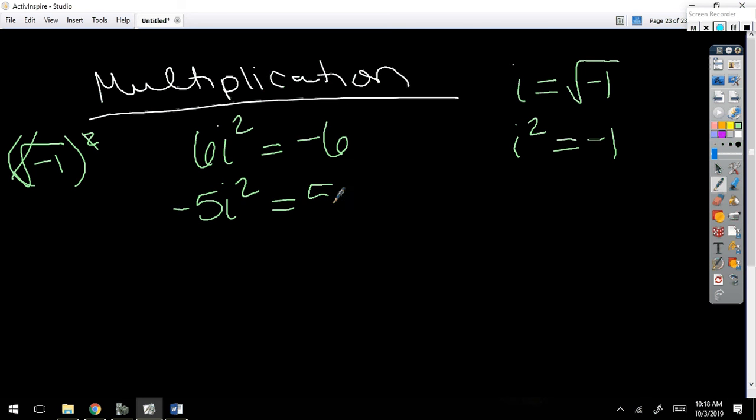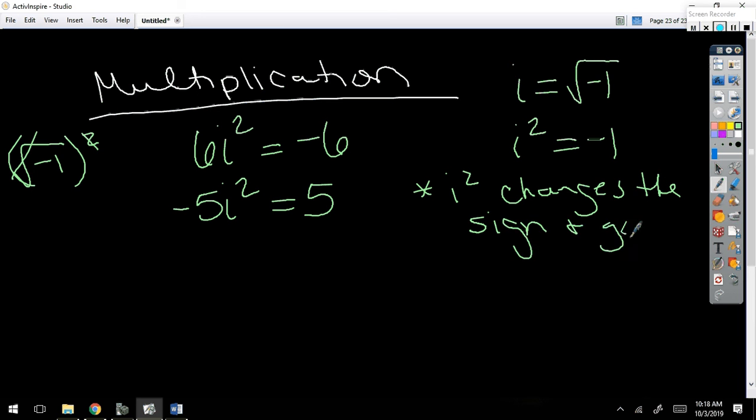It would be +5. So in general, what happens is i squared changes the sign and goes away. Do you see why? i squared is -1. If you multiply anything by -1, it just changes the sign of the number.